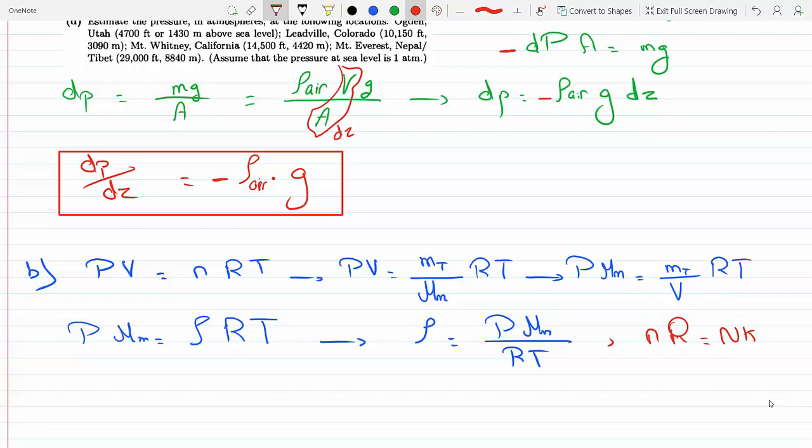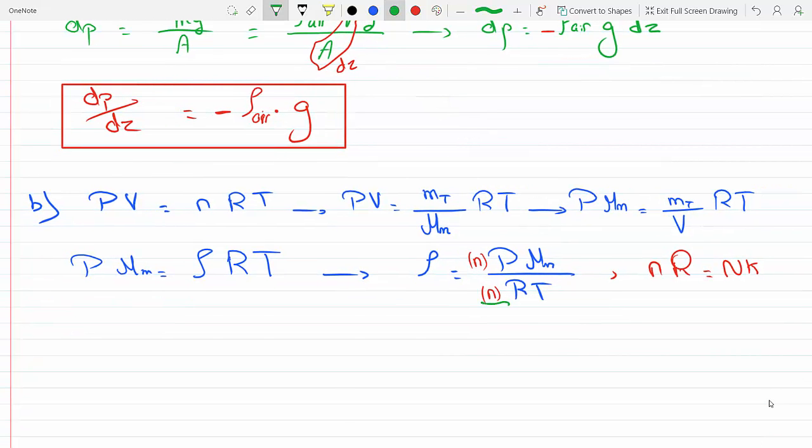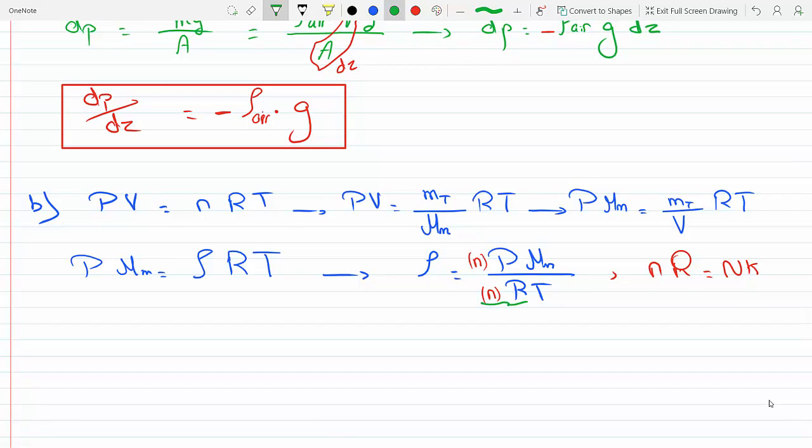Now I need to replace an R, but I don't have an N here, so I could pre-multiply here and here by N. The reason being is because now I could replace this nR with NK.